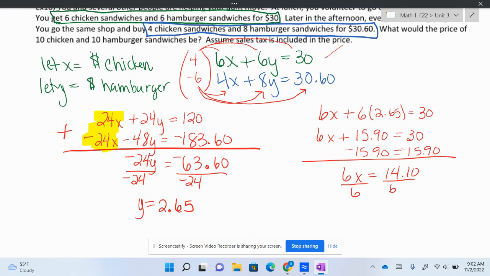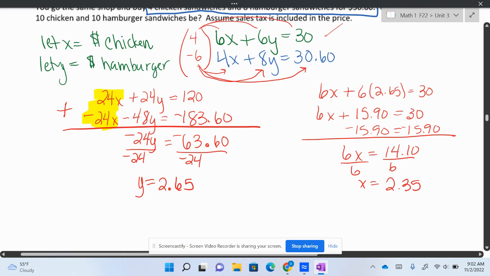Divide both sides by 6, and I find out that x is, what's 14.10 divided by 6? 2.35? Okay. So a chicken costs $2.35.